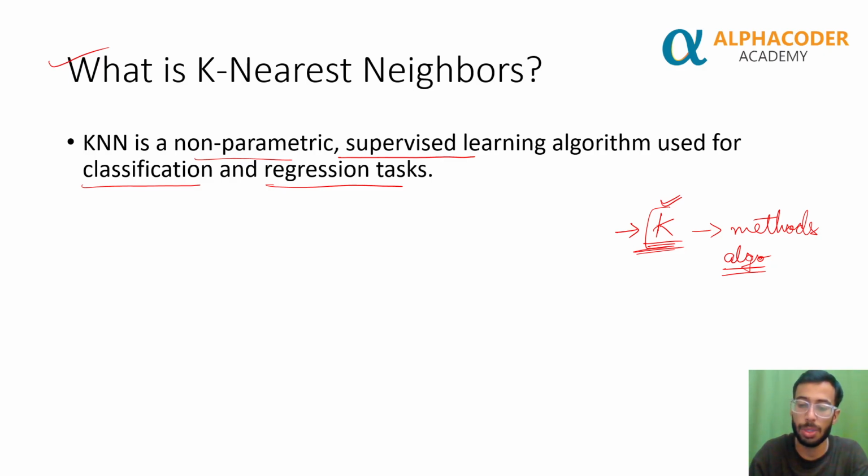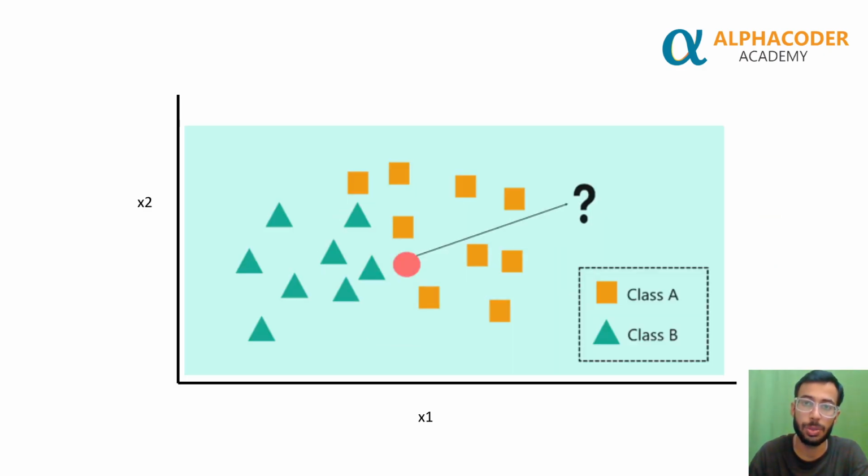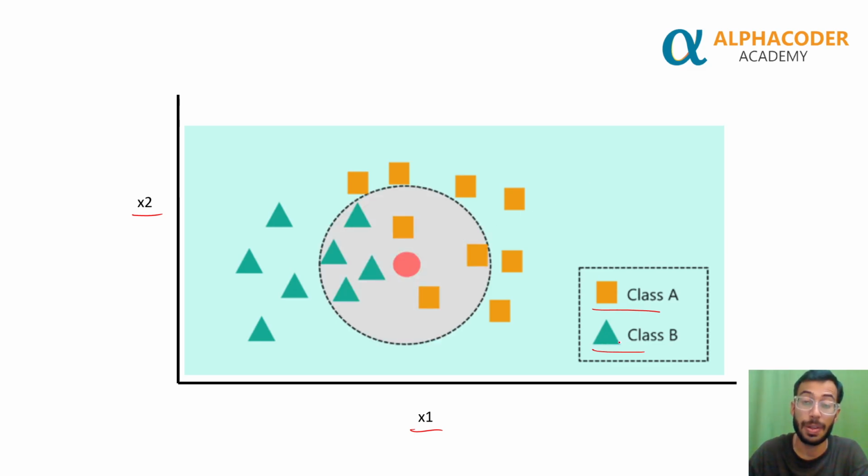Now how does the KNN algorithm work? Let's say we have a classification problem where we have two variables x1 and x2, and there are two different types of data. One is in the square shape, another is in the triangle shape. Now there is an unknown circle that you can see in red, in the middle.